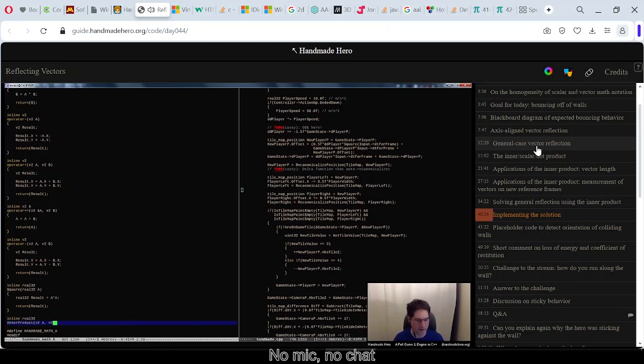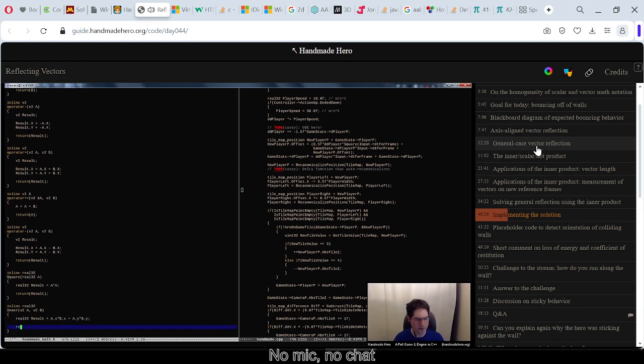It takes 2 things, and I might just call this inner because I use it so often, it's pretty obvious what it actually is. And the result here is very straightforward. It's just ax times bx plus ay times by. Return that there. And so that's our dot product, inner product, scalar product, whatever you want to call it. And that is what we're going to be computing to do our reflection code.